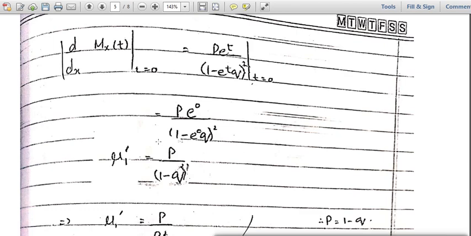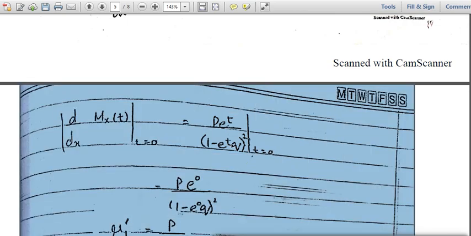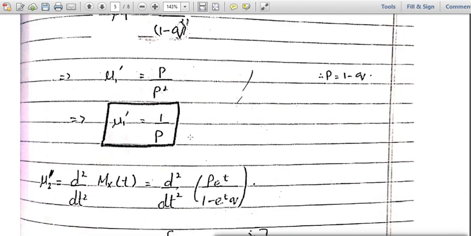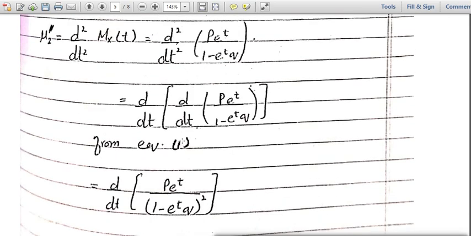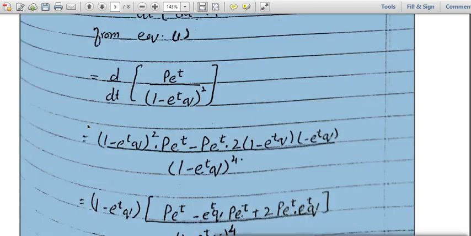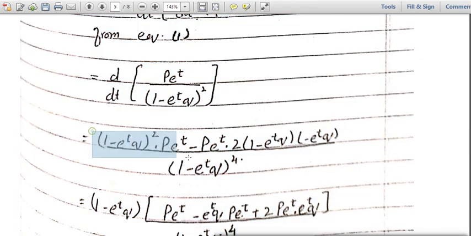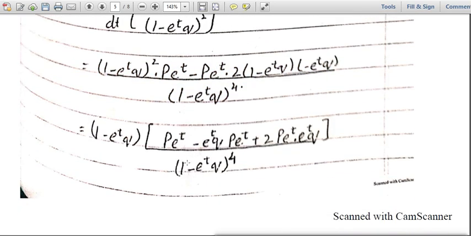Now I want to find the second moment about the origin, so we take the second derivative of the moment generating function with respect to t. Here mu1 prime is 1 over p.